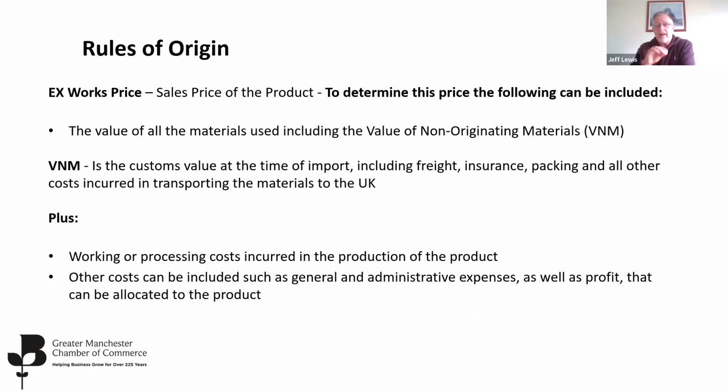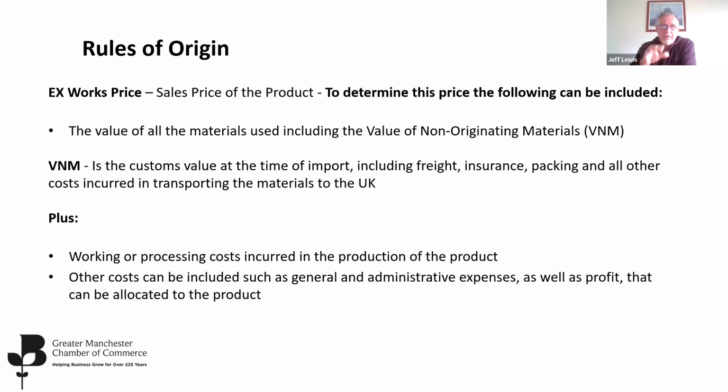In terms of the value of the non-originating materials, what you have to include is the cost of getting them to the UK. So if you purchase non-originating materials from China and you paid $100 for them and it cost $100 to get the goods here, then the value of non-originating materials is $200. It's not $100, what you bought it for in China.